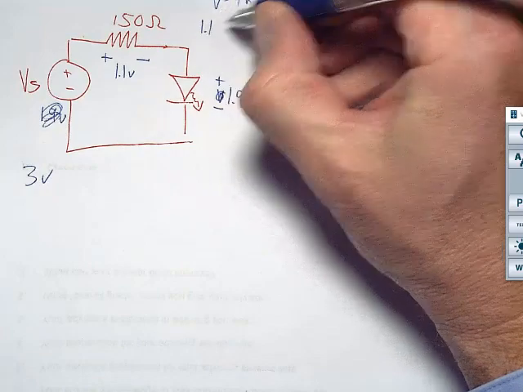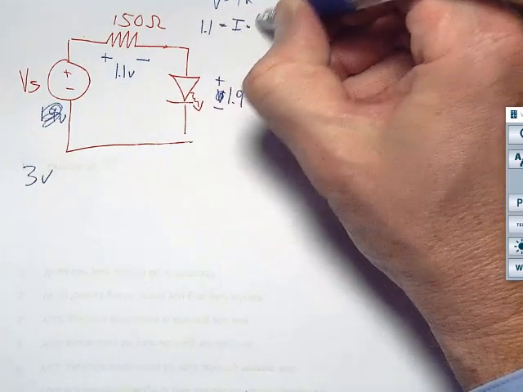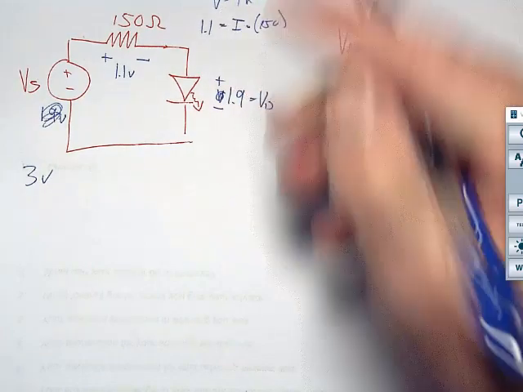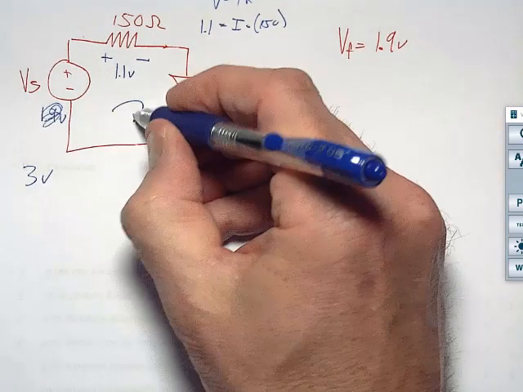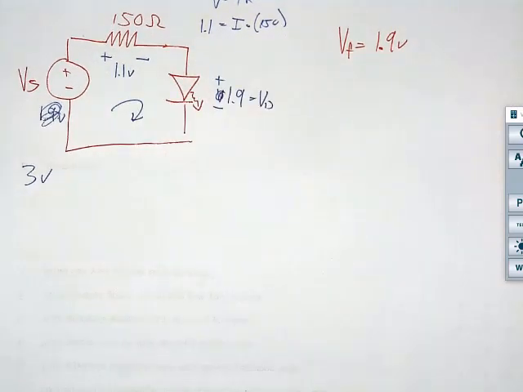I can say 1.1 volts is equal to the current times 150 ohms, and I can solve for the current flowing around that loop. That is how you dictate the current through the diode. The only way you can ever figure out what the current is is by looking at other stuff in the circuit, because it's just a wire once it's on. So you always have a resistor in series with the diode to limit the current, okay? All right, let's take this all the way up.